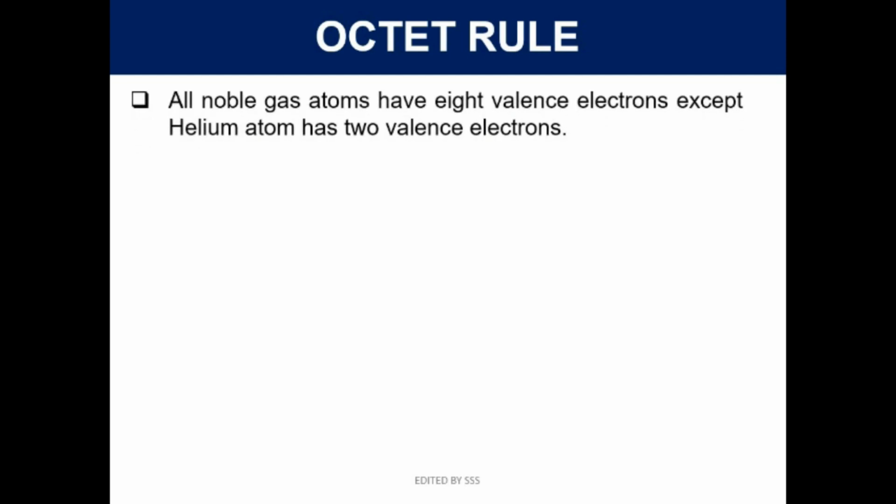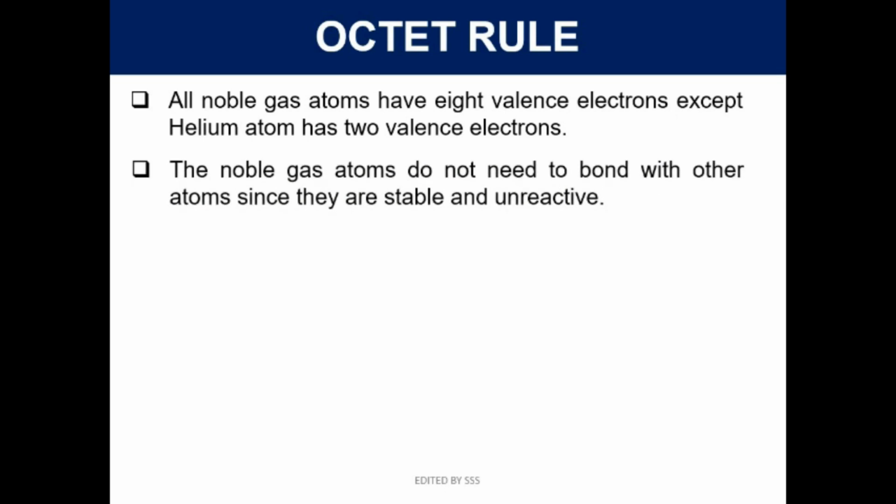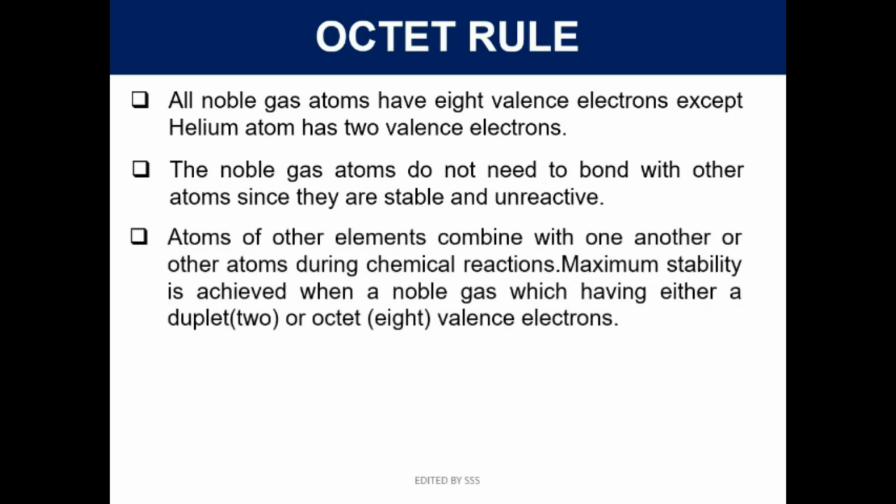All noble gas atoms have 8 valence electrons, except helium, which has 2 electrons. The noble gas atoms do not need to bond with other atoms since they are stable and unreactive. Atoms of other elements combine with one another or with other atoms during chemical reactions.